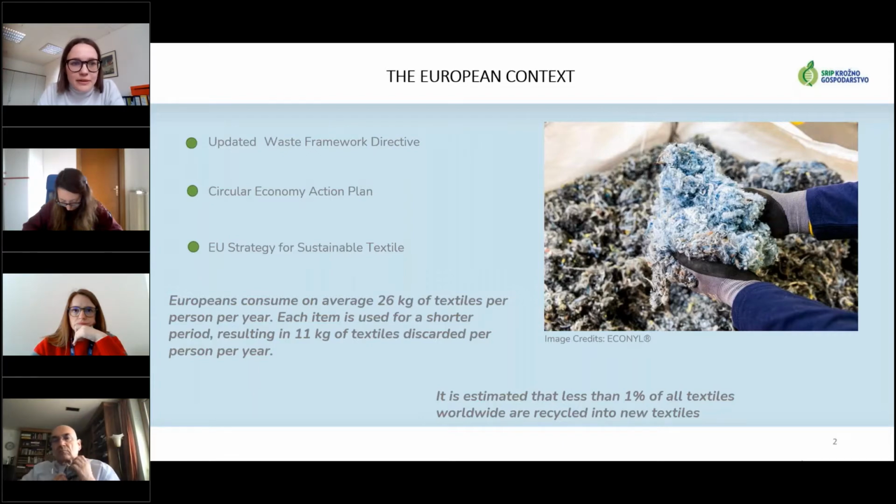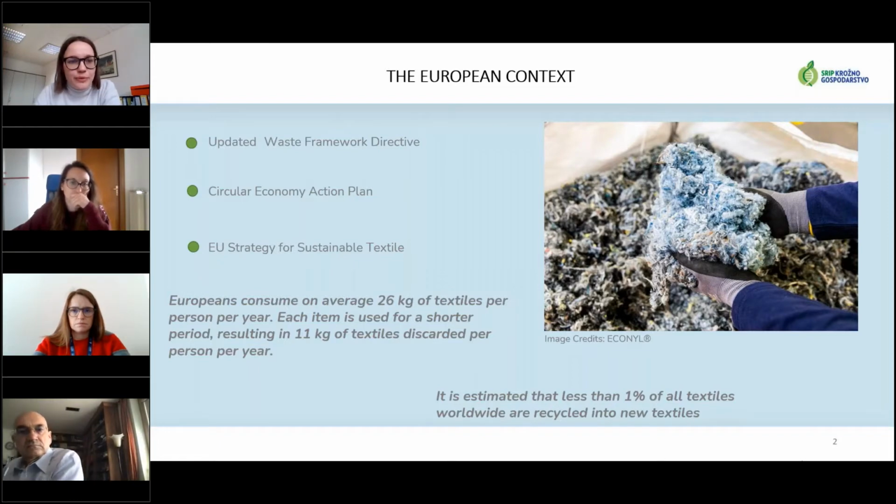We have a circular economy action plan put in place where textile recycling and plastics recycling is at the core of its goals. And then we are also waiting for the European strategy for sustainable textile to be adopted, which I believe will happen this year, hopefully in this first half of the year.